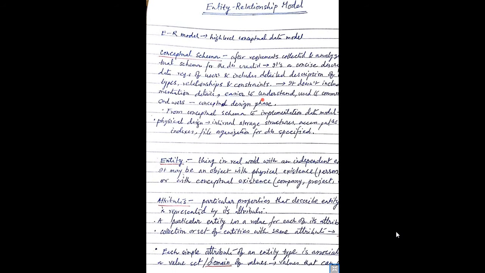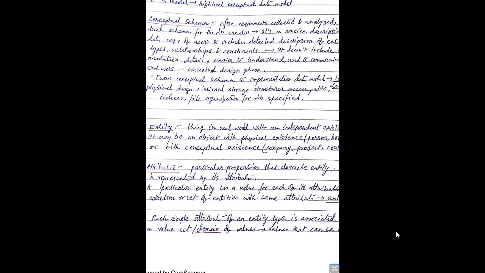Here the main thing is the entity. So, what is an entity? An entity is a thing in the real world with an independent existence. It may be an object with a physical existence or with a conceptual existence.